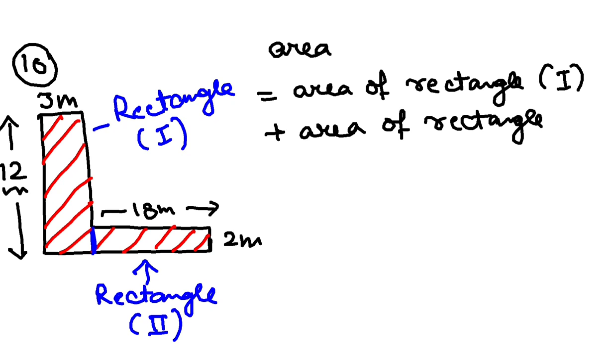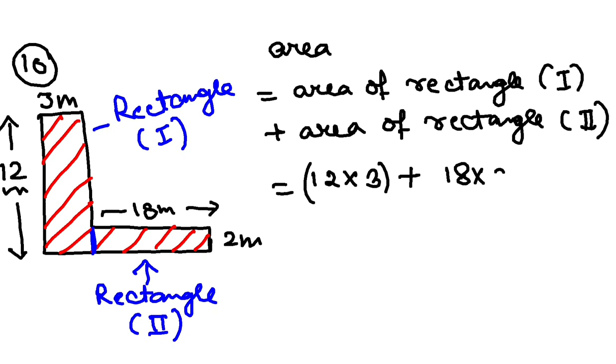If I add these areas, I'll get the total area. Rectangle 1, length is 12, breadth is 3, plus rectangle 2, length is 18, breadth is again 2. So 12 into 3 is 36, 18 into 2 is 36, 36 plus 36 is 72.